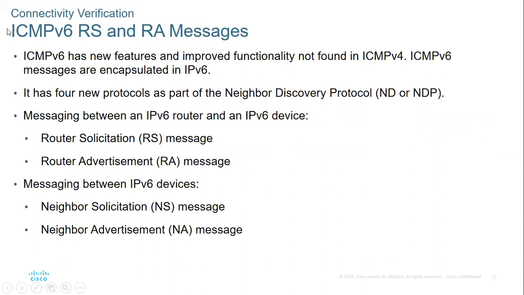Now, for ICMP version 6, we have different types of messages. We have router solicitation and router advertisement messages. When we are dealing with routers only, we're dealing with router solicitation and router advertisements.